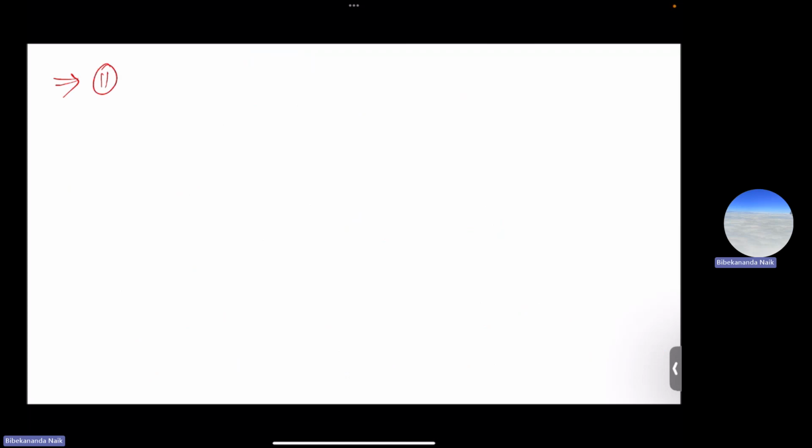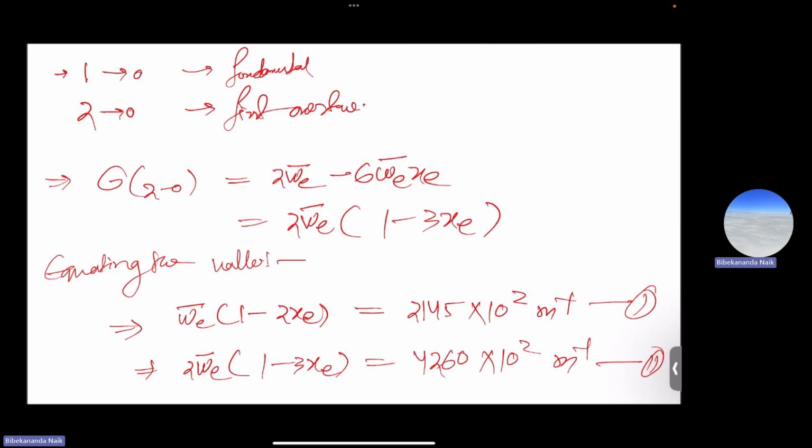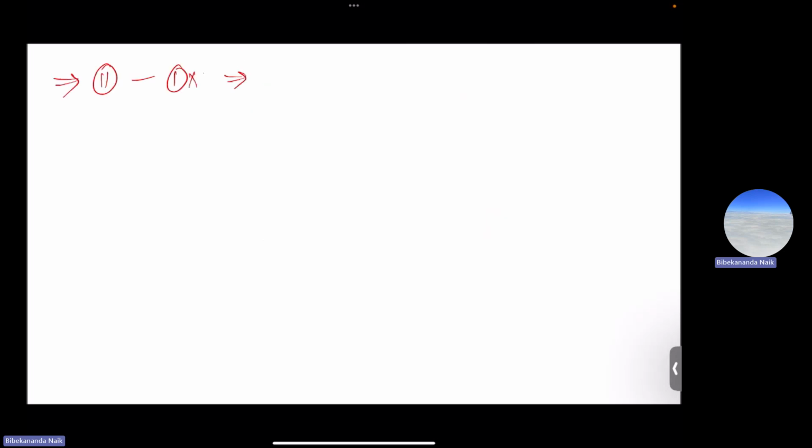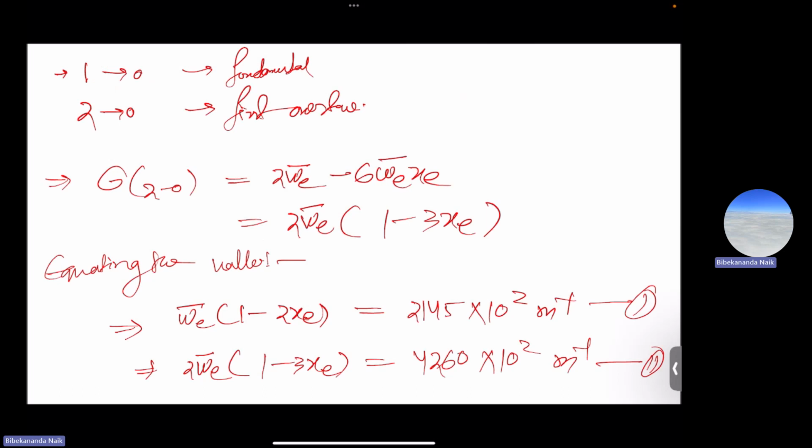Now subtracting 1 from 2, we get 2 omega E minus 2 omega E cancels out.